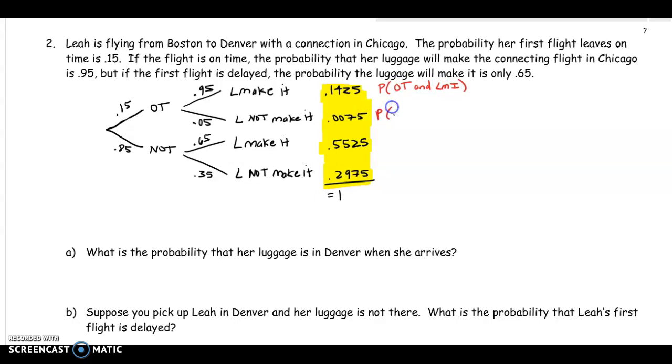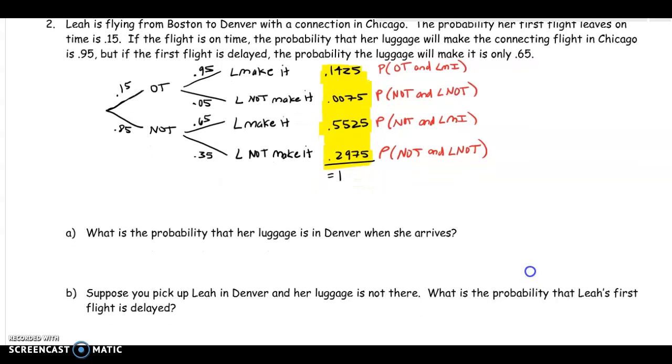This is the probability of on time and luggage not make it. This is the probability of not on time and the luggage makes it, not on time and the luggage does not make it. And you're going to use that to answer your questions.